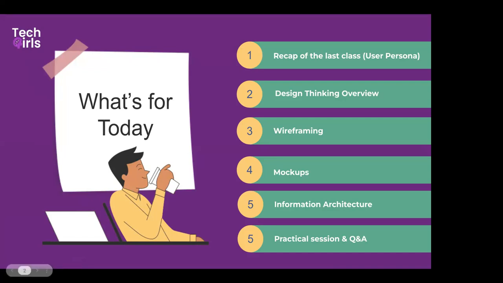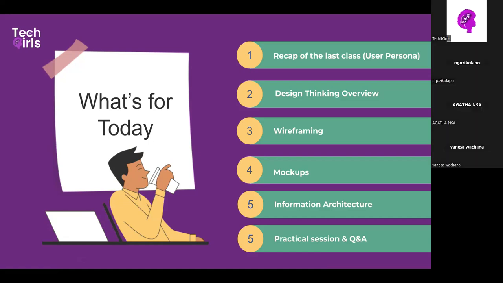Then we'll look more at wireframing. I remember in the last class someone was asking about low fidelity and high fidelity wireframing, and I said we'll get into it. Then we'll look at mockups: what a mockup is and what it looks like.